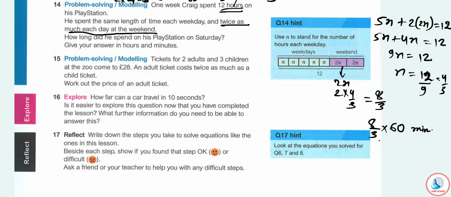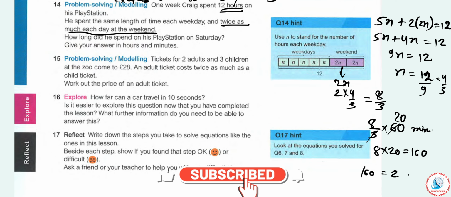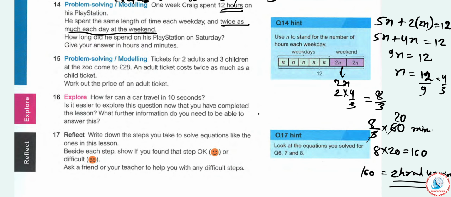Multiply it and you will get 8 times 20, because 3 times 20 is 60. 8 times 20 is 160 minutes, and 160 minutes is equal to 2 hours and 40 minutes, right? So this is our answer, 2 hours and 40 minutes.